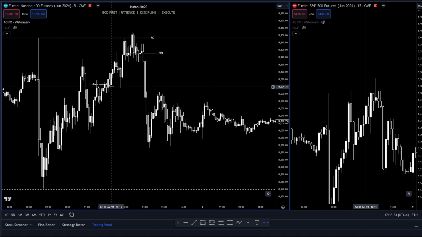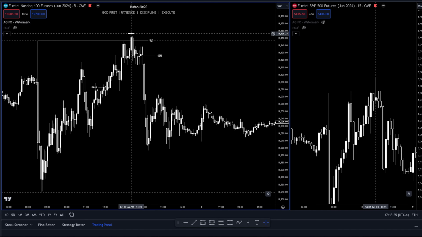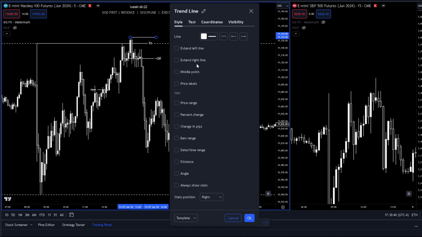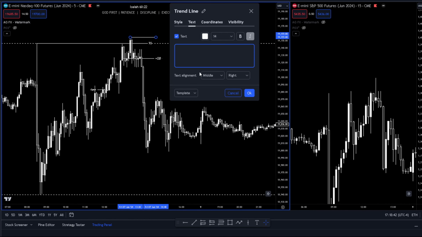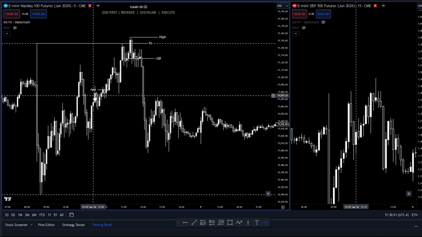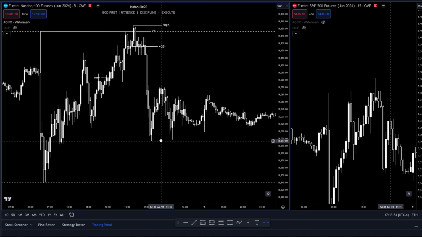And as you can see, we have the open, and this is our high right here. So we made the high, which is our purge. The high and low will always be the purge or the manipulation. So we had the open, high, and then we had the low.